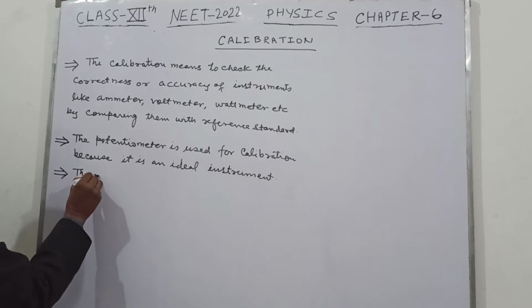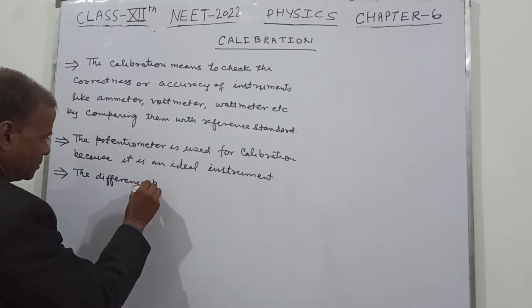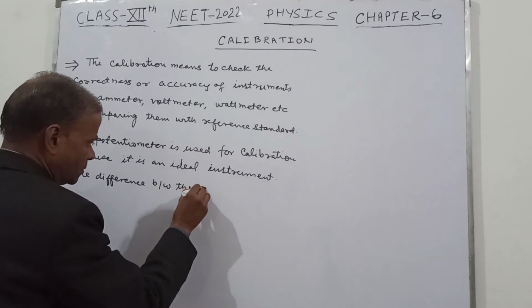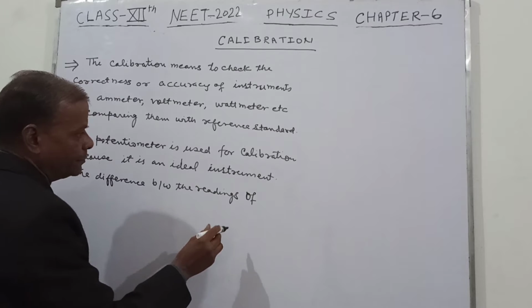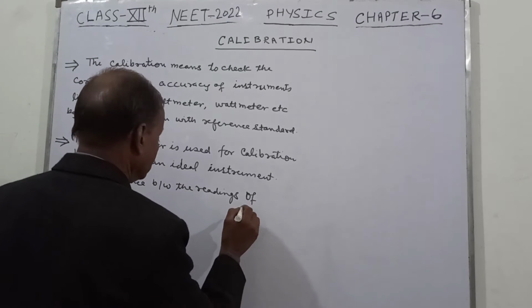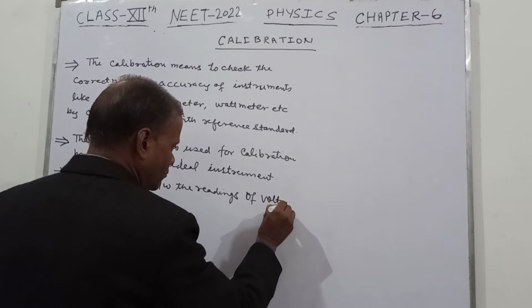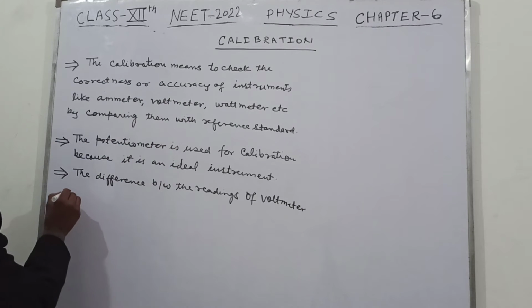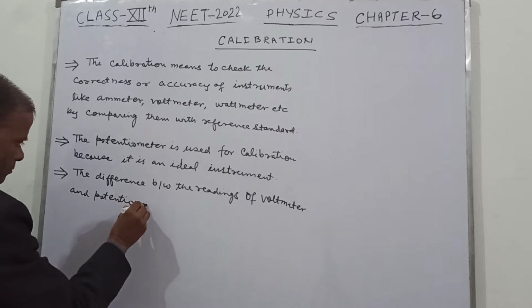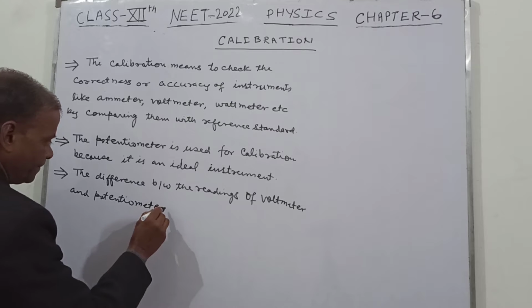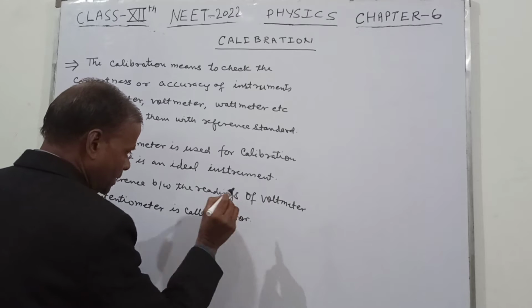The difference between the readings of voltmeter and potentiometer is called error.